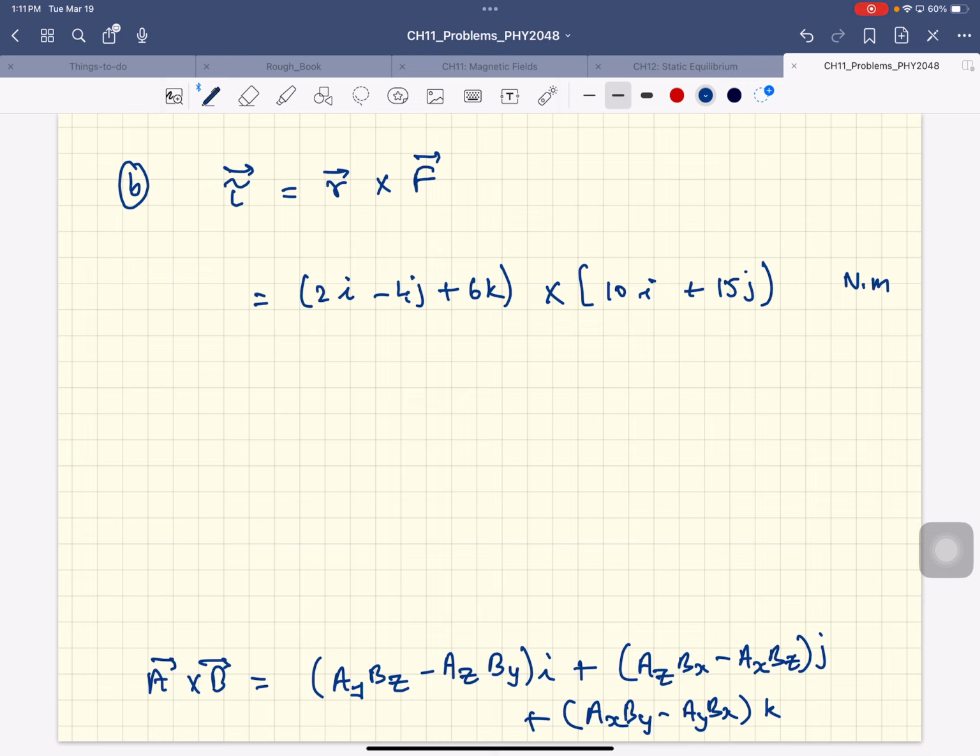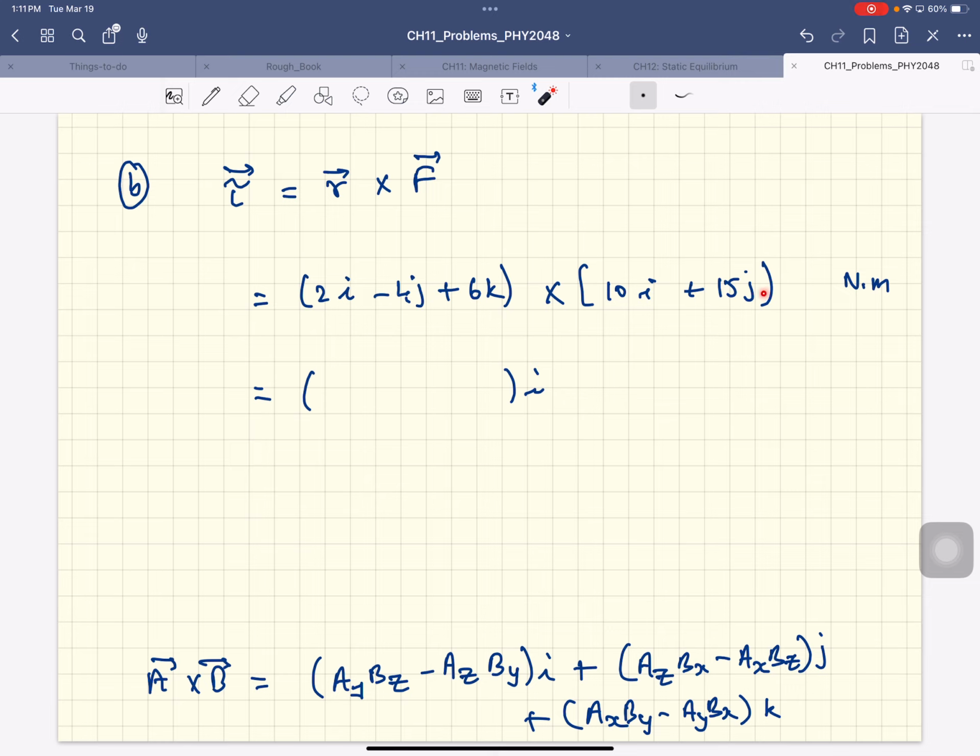All right. Gabriel, you're going to help me out. Actually, you and Eliza. Who wants to go first? You go first. Do the x component. The i component. Negative 4 times 15 minus... Oh, wait.